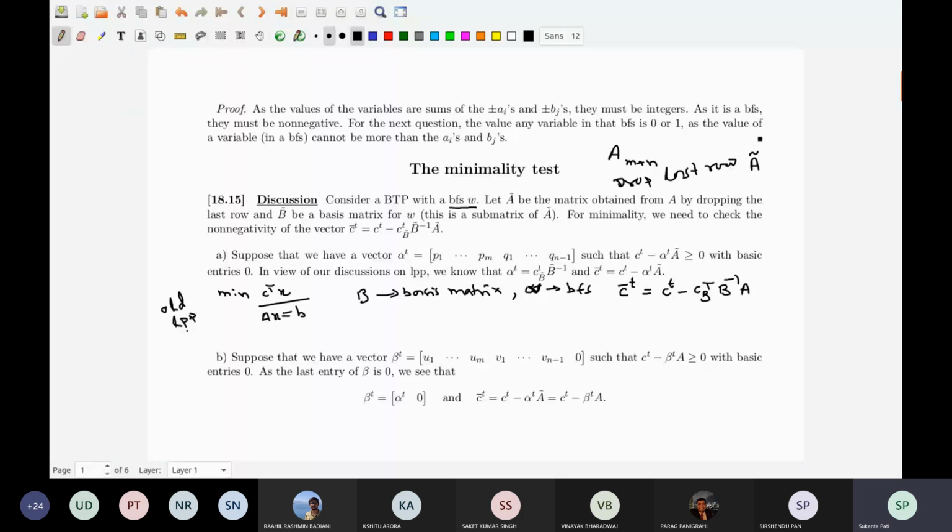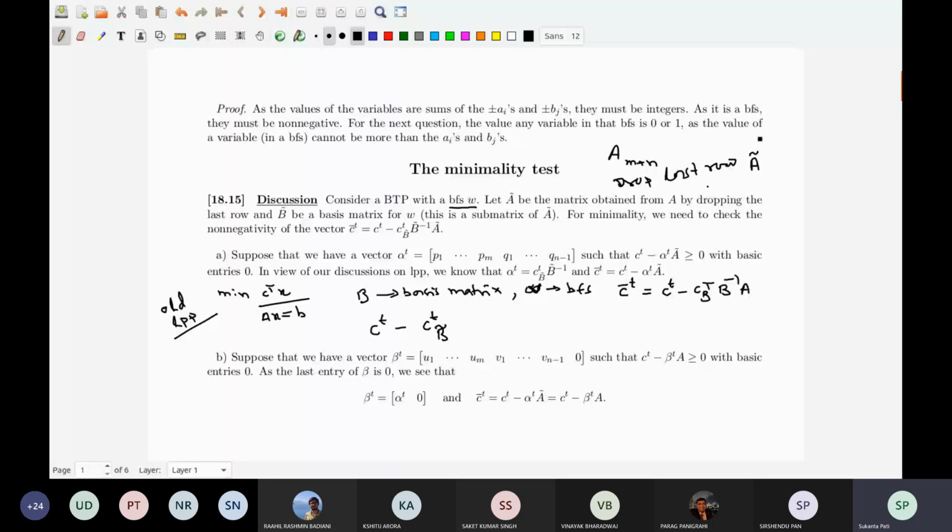So right now what I have to do is find out C transpose minus CB tilde transpose B tilde inverse A tilde. Since the matrix is now A tilde, let B tilde be the basis matrix.